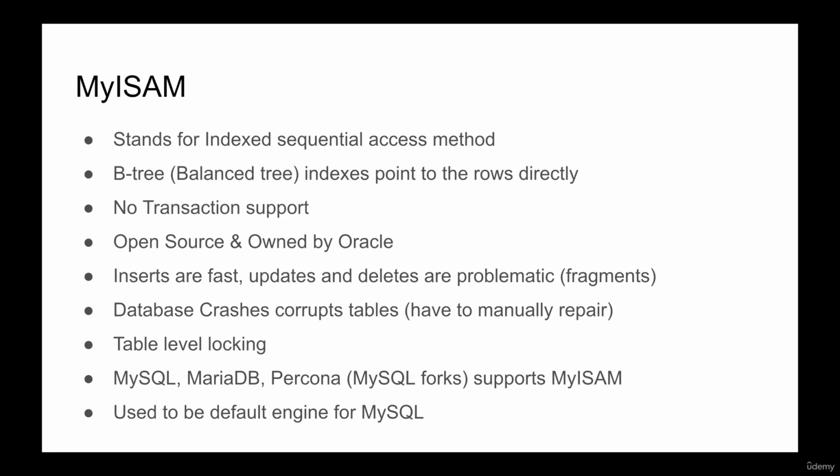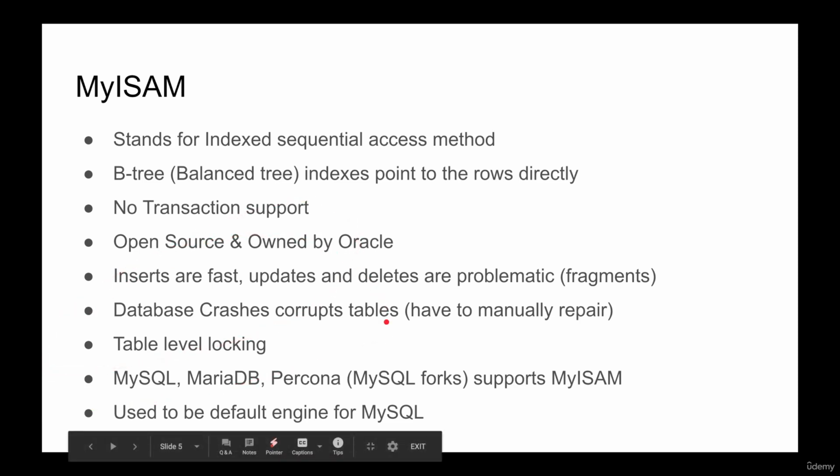We have a lot of indexes that point directly to the location of the row on disk. That's bad, because the database has to update all these indexes, and anything that gets out of sequence has to be fixed. There's a repair utility that repairs tables for you. It also supports table level locking. There is no row level locking.